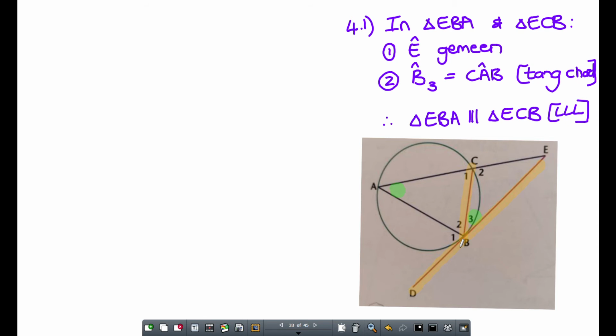And then the angle right across that chord is A, meaning B3 will be the same as A. And my reason there is tangent chord. So that looks much easier. That difficult other angle, I didn't even have to go look at it, because I already have 2 angles that are the same, so I don't have to prove the third angle at all. So then from there on, I can say that therefore triangle EBA is similar to ECB.